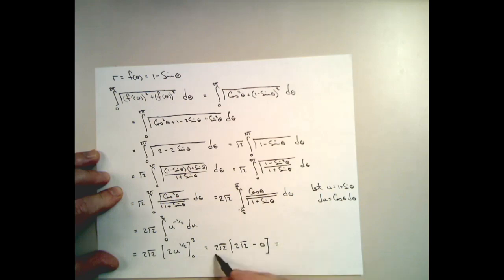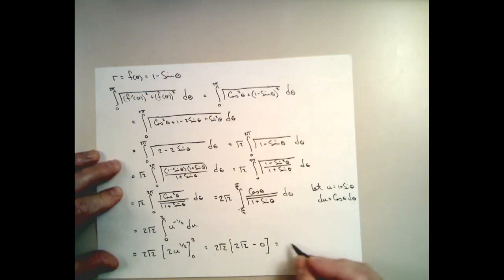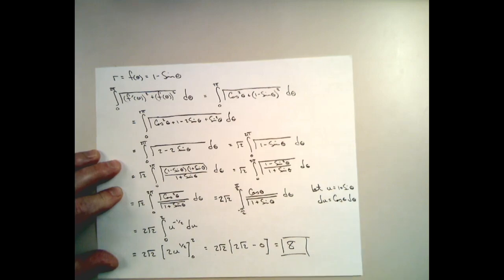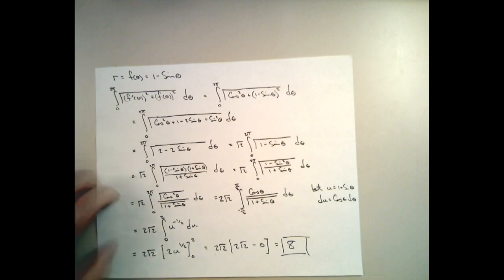Which is 2 times 2 times 2, which is 8, right at where we estimated the arc length was going to be whenever we started this whole procedure. So there we have it.